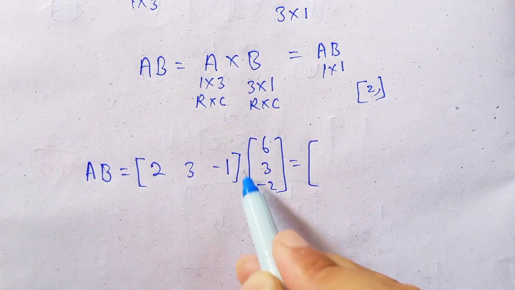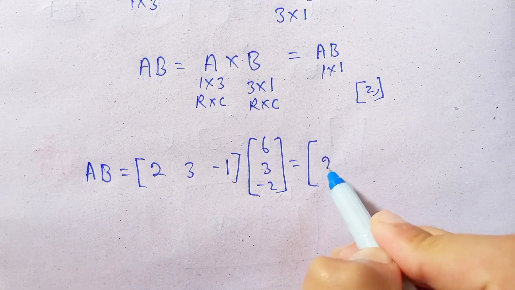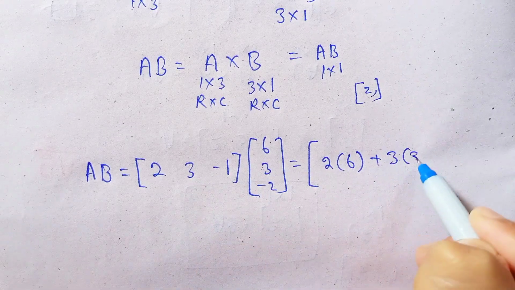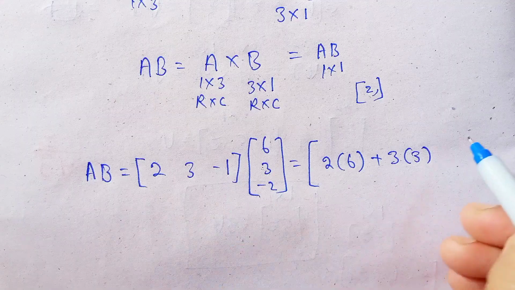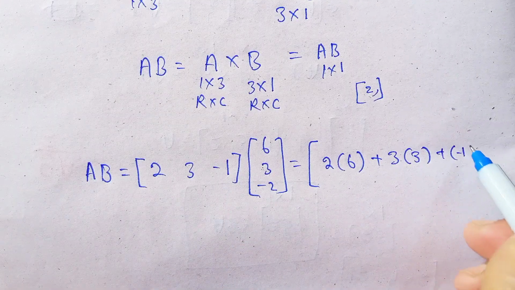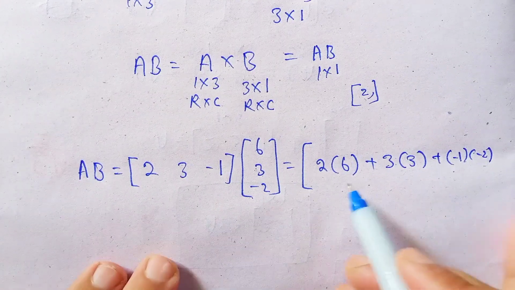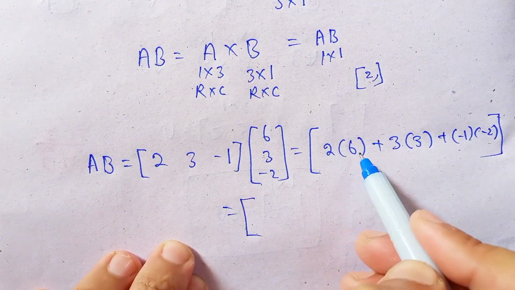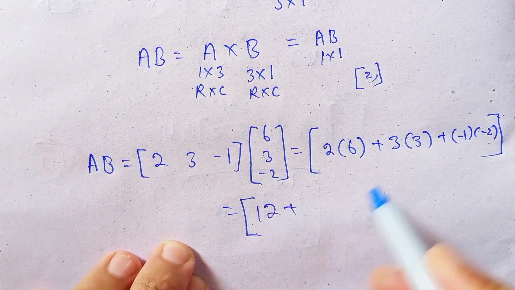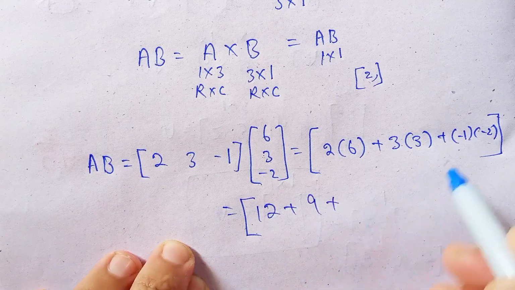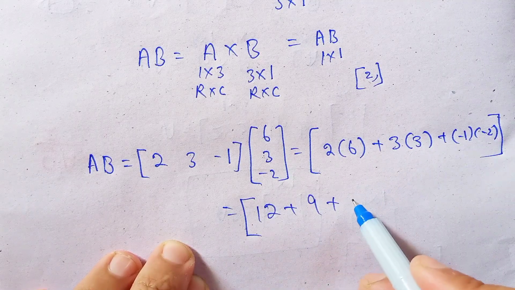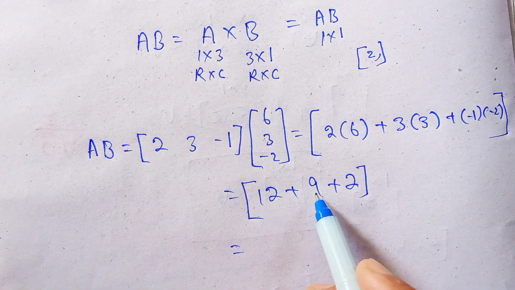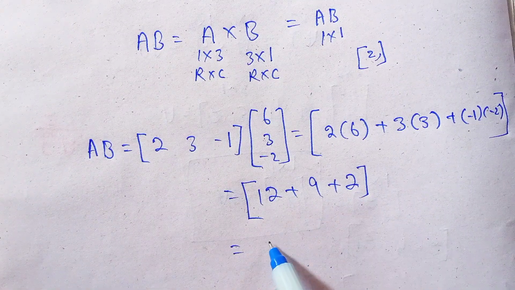Now multiply the first row with the first column: 2 times 6 plus 3 times 3 plus negative 1 times negative 2. So we have 2 times 6 is 12 plus 3 times 3 is 9 plus negative 1 times negative 2 is positive 2. 12 plus 9 is 21 plus 2 is 23.